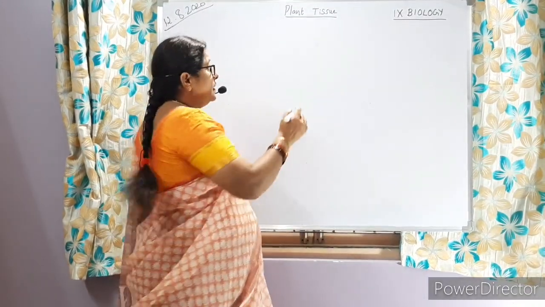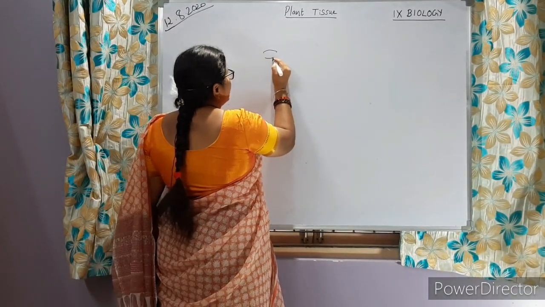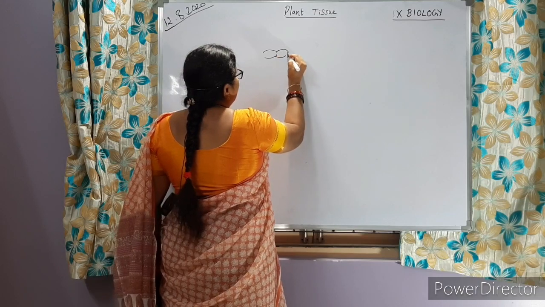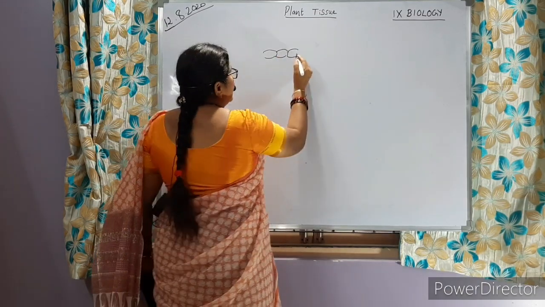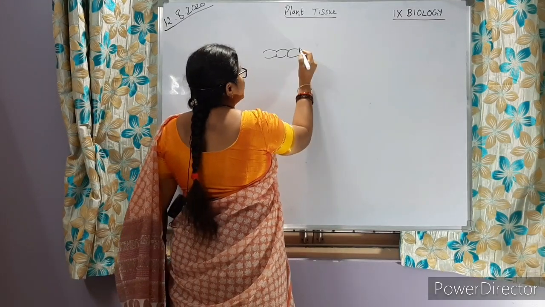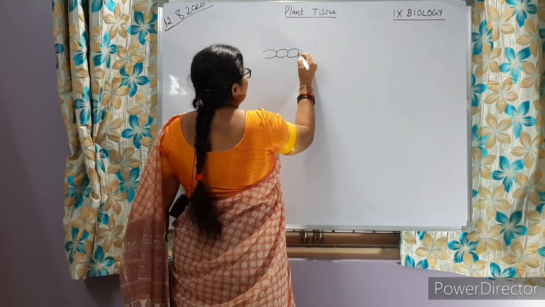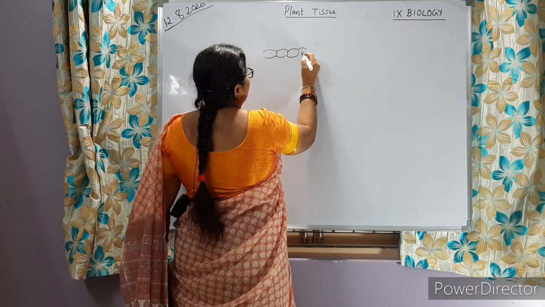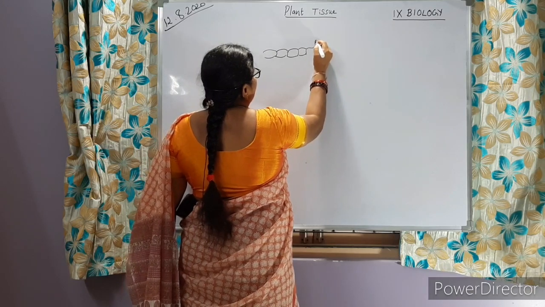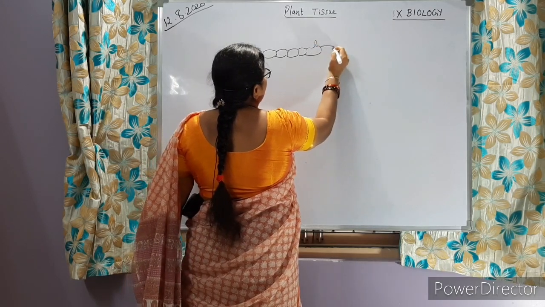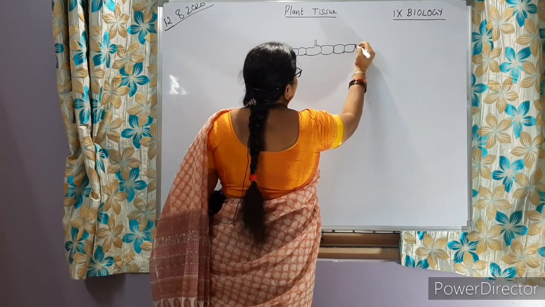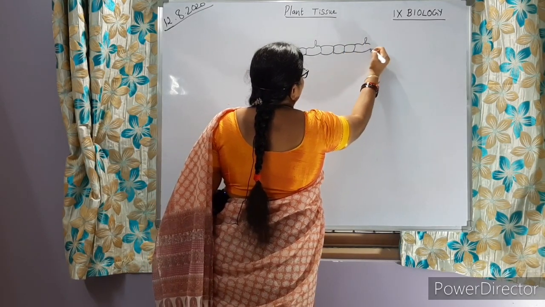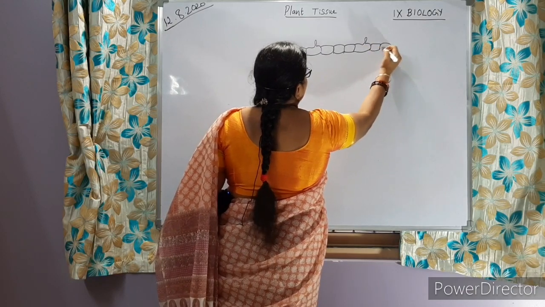In roots, if you observe carrot or radish, root hairs, fine hair-like structures, we are going to observe. What is the use of these root hairs? They help in absorbing water from the soil.